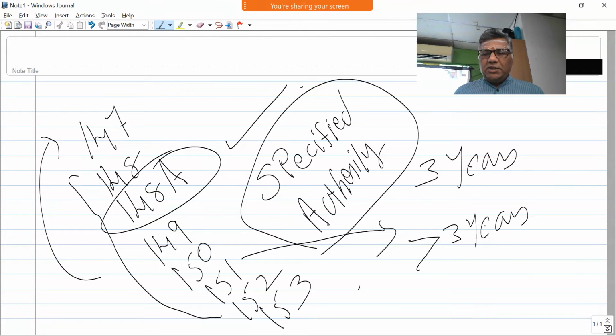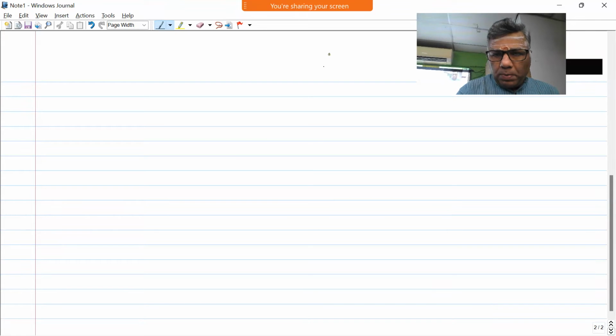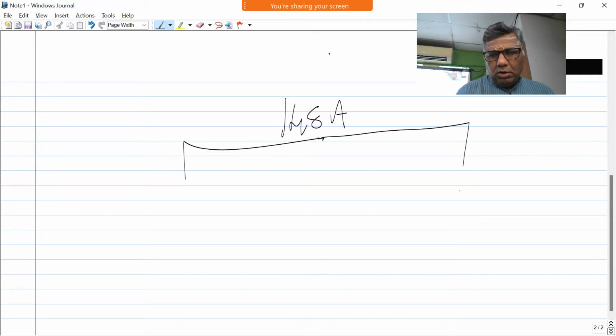In the center of the line, 148A, show cause notice, with two falling branches. I want you to write it with two branches because it gives you a greater idea.